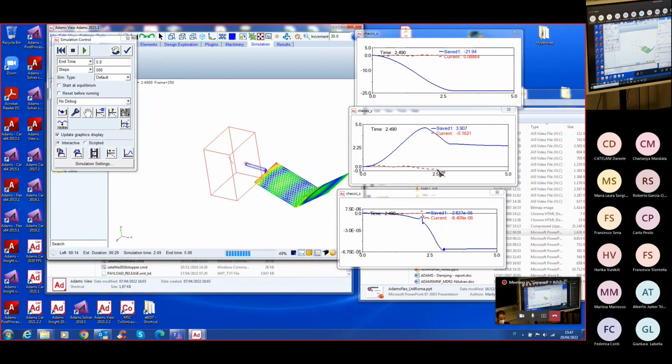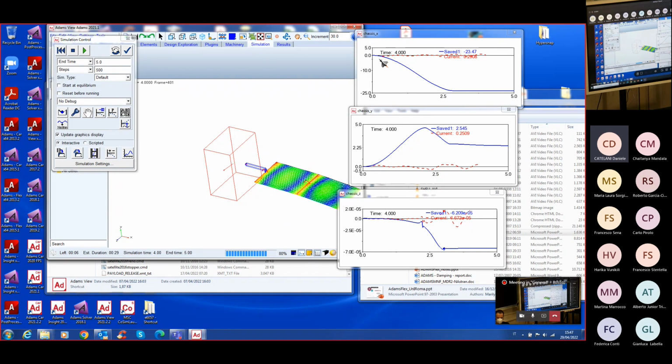You see, I haven't created a fixed joint, but the control system is able to maintain the satellite close to the original position.